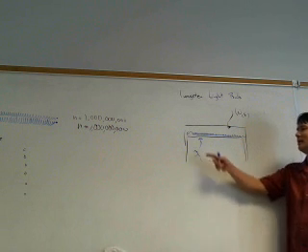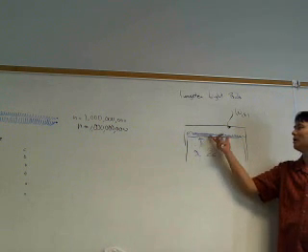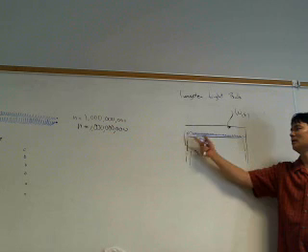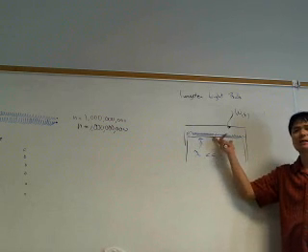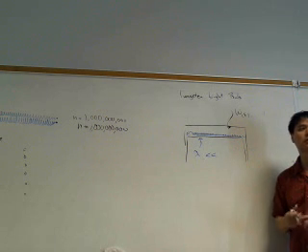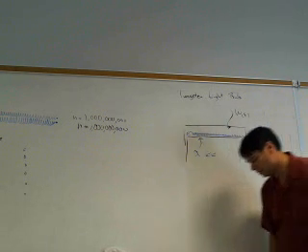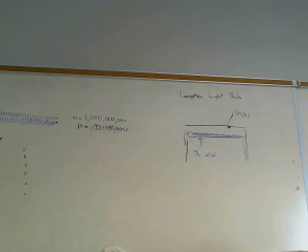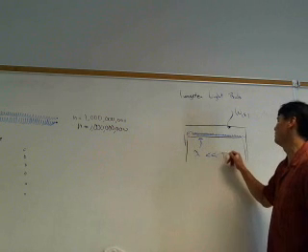So we'll talk about that later. But anyway, when I'm talking about the size of an object, I'm not talking about the electron. I'm talking about what the electron is in. And so the object here is the tungsten filament. And so the wavelength is much smaller than the tungsten filament.